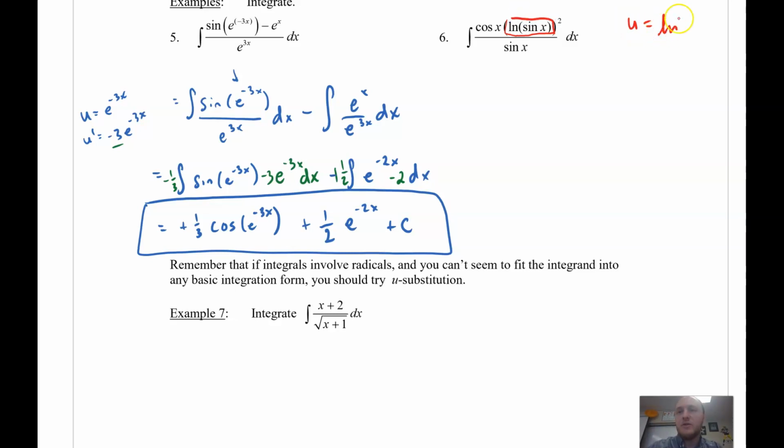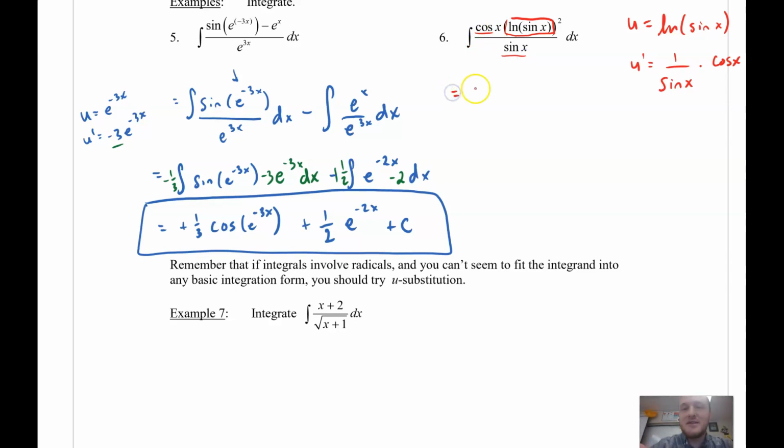So if u is the natural log of sine of x, let me see if I can account for some of this other stuff with this. So u prime is going to be 1 over the inside, so 1 over sine of x, and then the derivative of the inside is cosine of x. Hey, do you see the sine of x? Do you see the cosine of x, right? So we already have our hook.